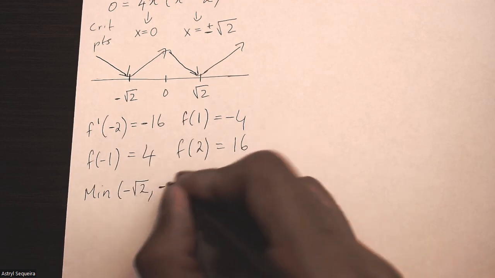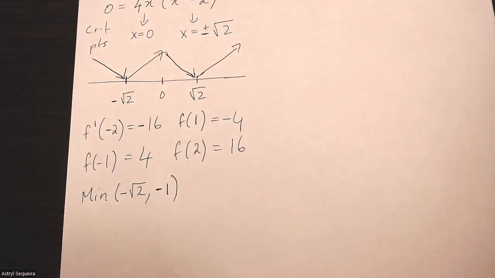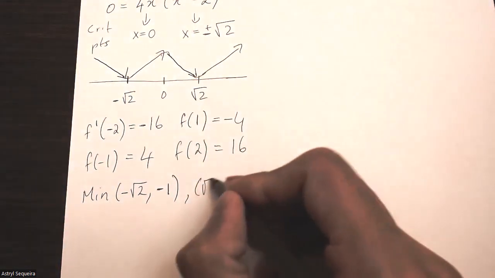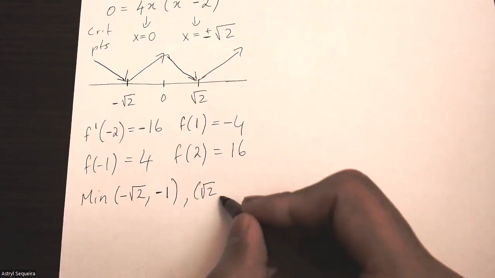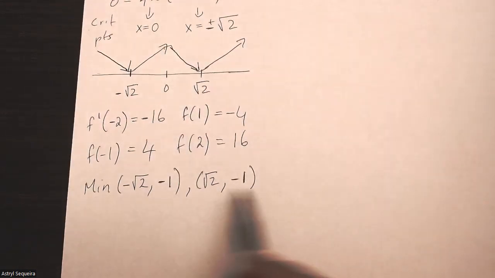And I get a y value of negative 1. I'll do the other minimum next, which is positive root 2. And if I sub this in the original equation, I will also get negative 1 over here. So I found my 2 minimums.